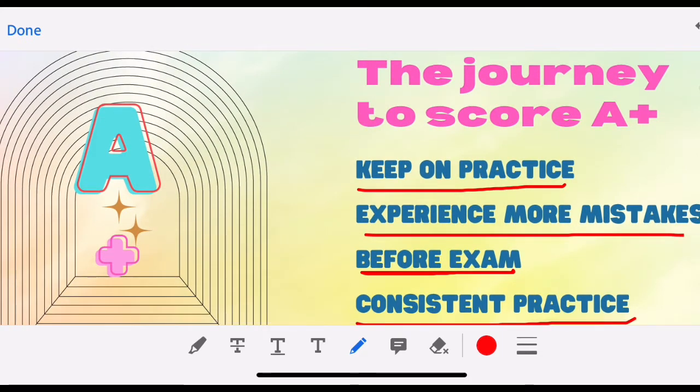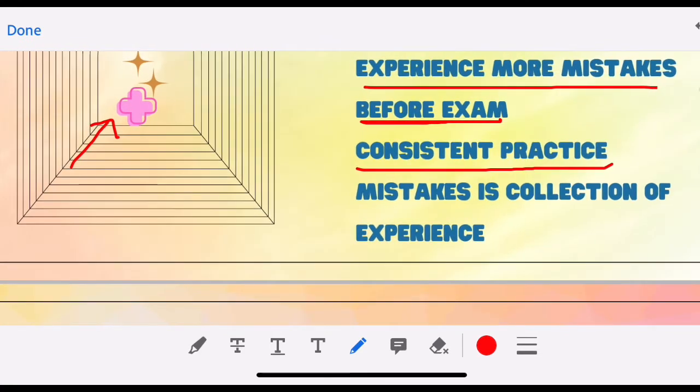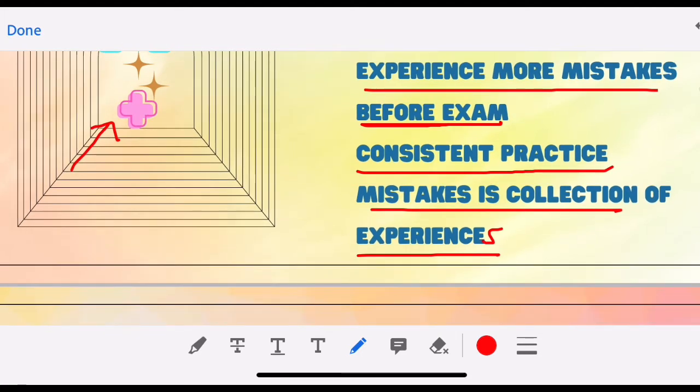This is a journey for you to get A+. It's not easy, so you must keep on practicing. Remember my advice: mistakes are a collection of experiences. It's okay if you fail the first time, but don't repeat the failure.